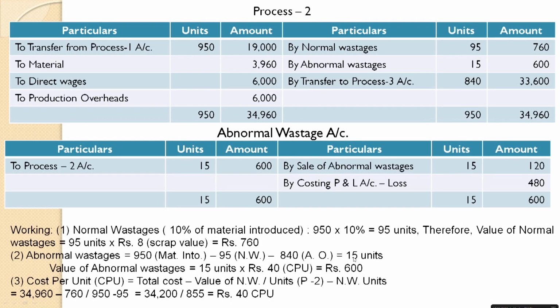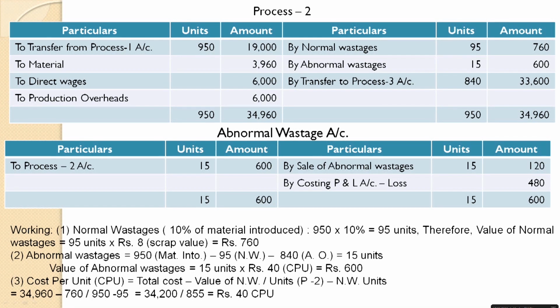The balance comes in positive, which shows that these 15 units are abnormal wastage. So the abnormal wastage is recorded on the credit side of the process 2 account, in the units column, 15 units. Now the abnormal wastage value is to be determined on the basis of CPU, cost per unit. So now we need to calculate the cost per unit.